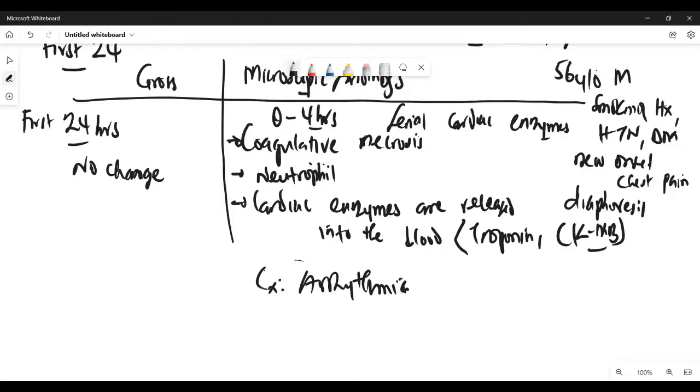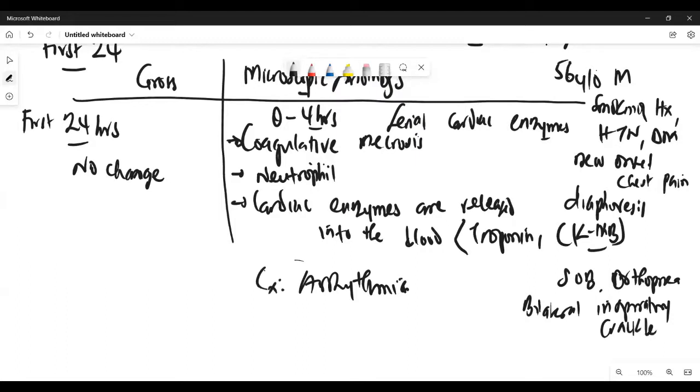The other complication that will also occur: let's say this patient got to the hospital, but in addition to these symptoms, this patient is having shortness of breath, now having orthopnea. Orthopnea is when they lie down flat, they're having trouble breathing. On examination, there are bilateral inspiratory crackles, or there's jugular venous distension.